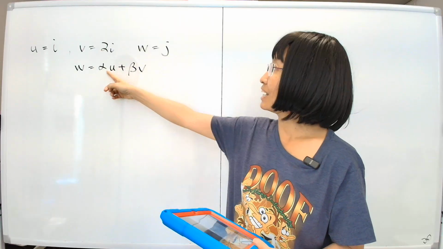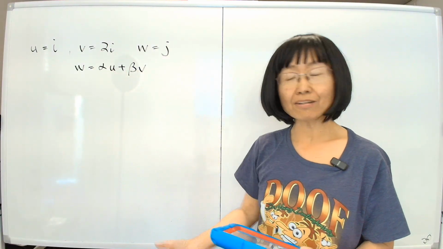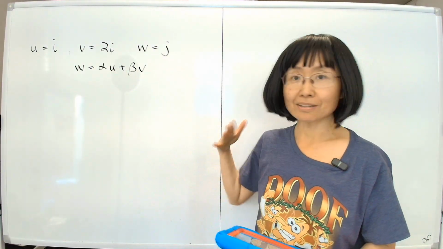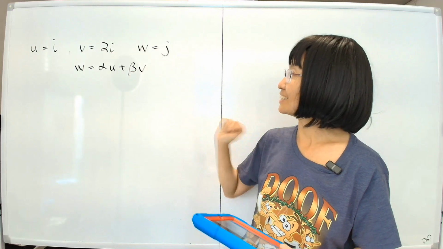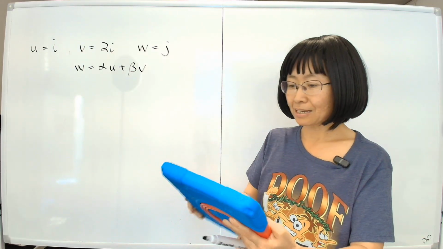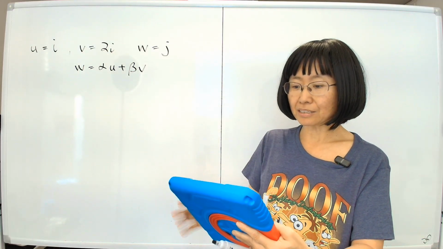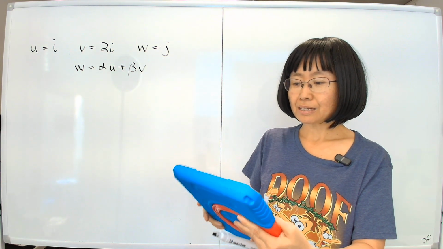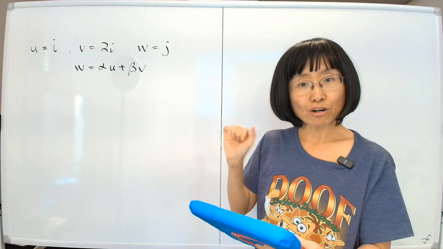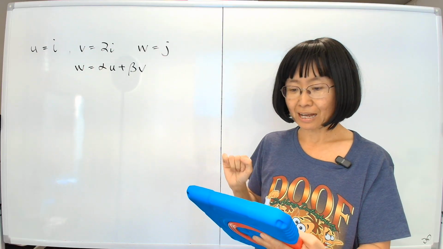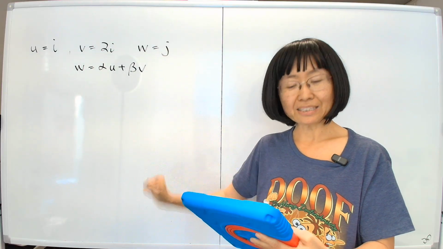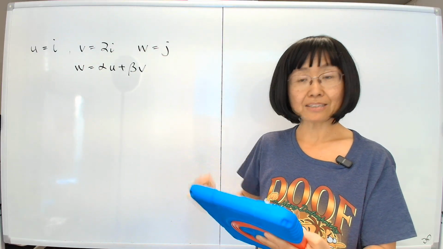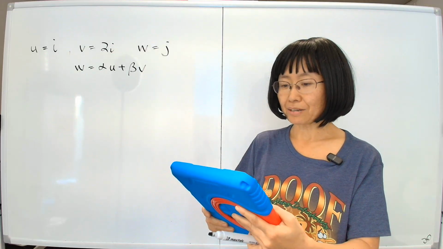There's no way you can combine them with scalar numbers to get them to go in the j direction. It's just not going to happen. That's why the sentence should read, therefore, that if u, v, and w are coplanar and non-parallel, no two are parallel, then they are linearly dependent.